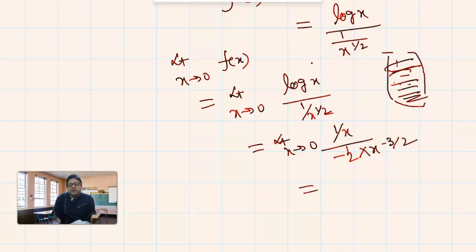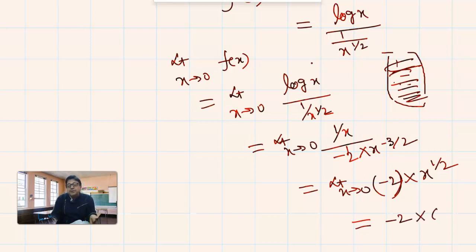So this changes to the limit as x tends to 0 of minus 2 into x to the power 3 by 2 by x, that is x to the power half. Now this minus 2 is a constant, and we check x tending to 0 plus because the interval given is 0 to 1, so we check right continuity. This will give us 0 to the power half, which is 0, so the value is equal to 0.